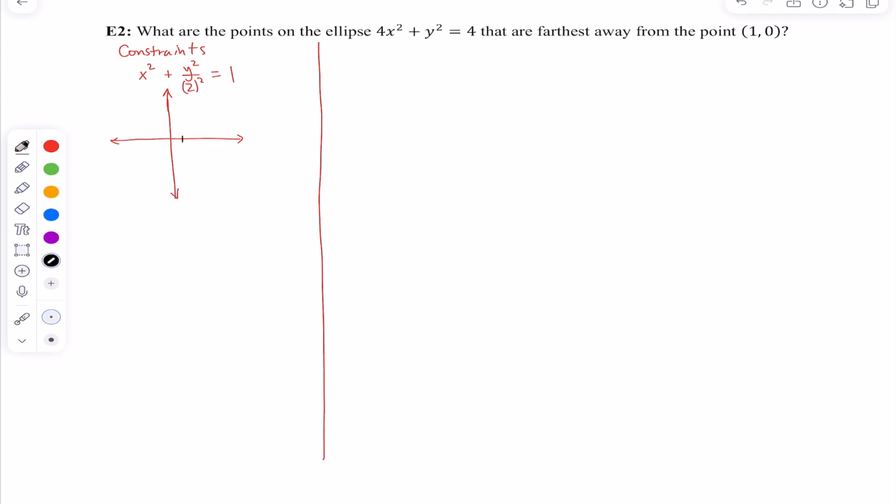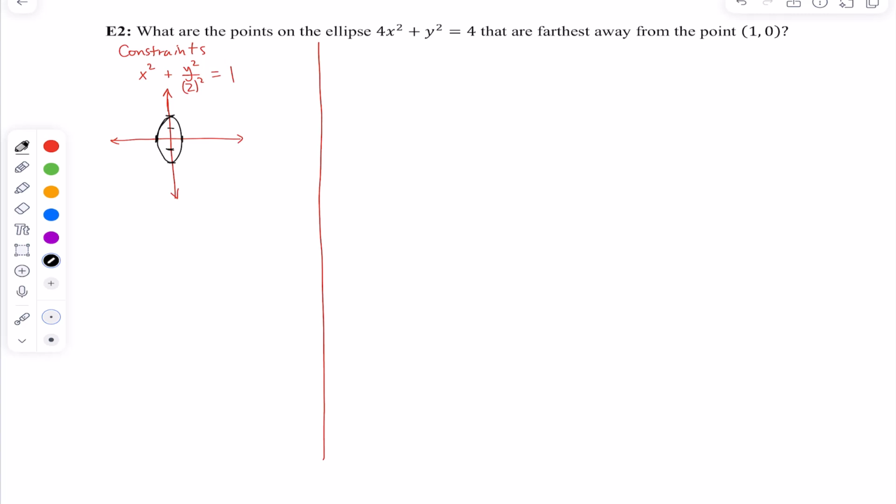And that will give us the minor axis of the ellipse. The major axis is referenced with this 2 underneath the y. We already know this ellipse is centered at the origin. And so it's an elongated oval that is stretched over the y-axis.